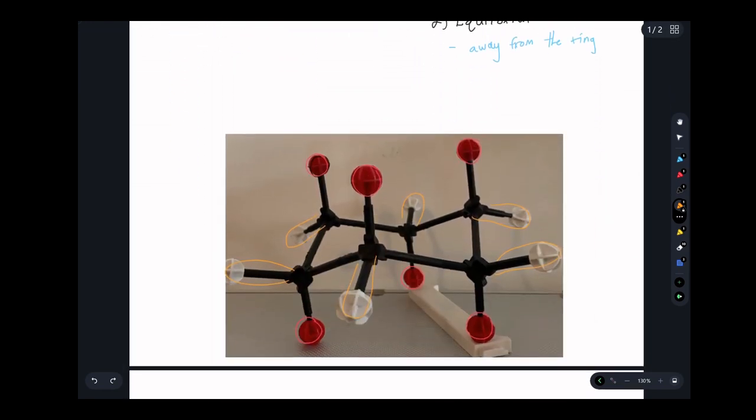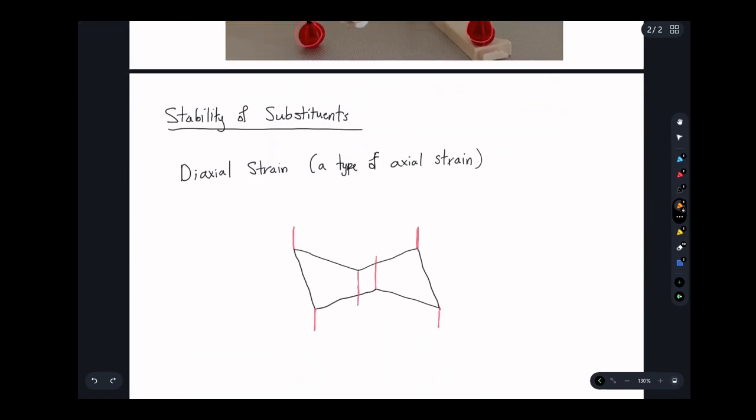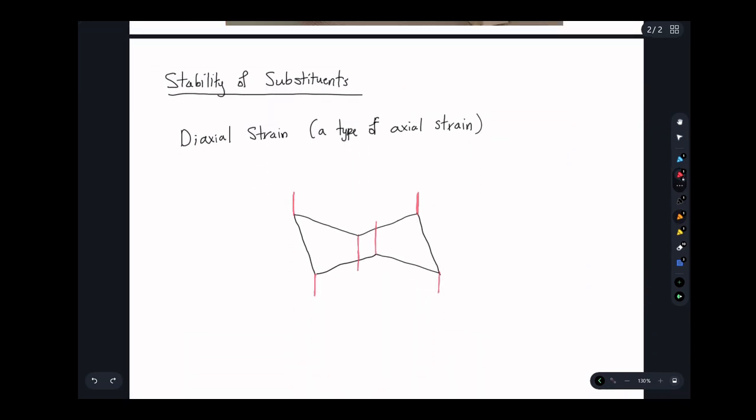One last thing to talk about with these substituents is their stability. So here I've drawn a chair with only the axial positions drawn in. And we have a new type of strain here that I'm going to call diaxial strain. Let's say that we put a methyl group here on the axial position versus putting it here on an equatorial position.